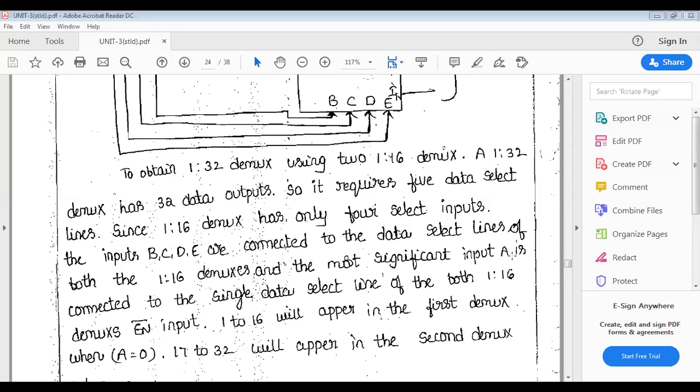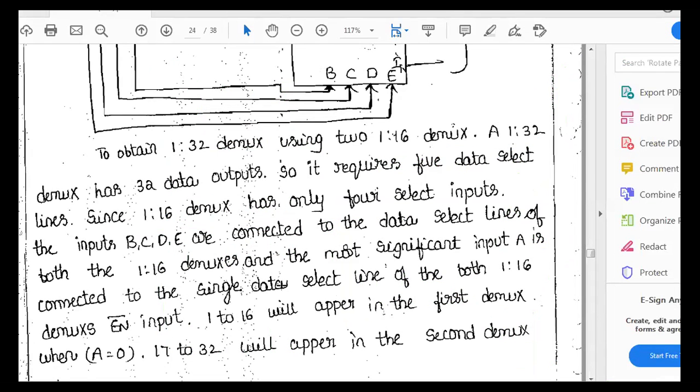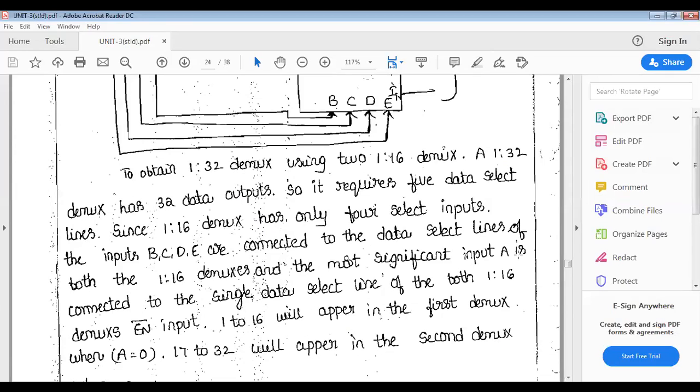The most significant bit A, see here I use the most significant bit A, E is the least significant bit and A is the most significant bit. This is the MSB and this one is the LSB. The most significant input A is connected to the single data selector line and to the enable input of the demultiplexers. But here you see enable is a bar.